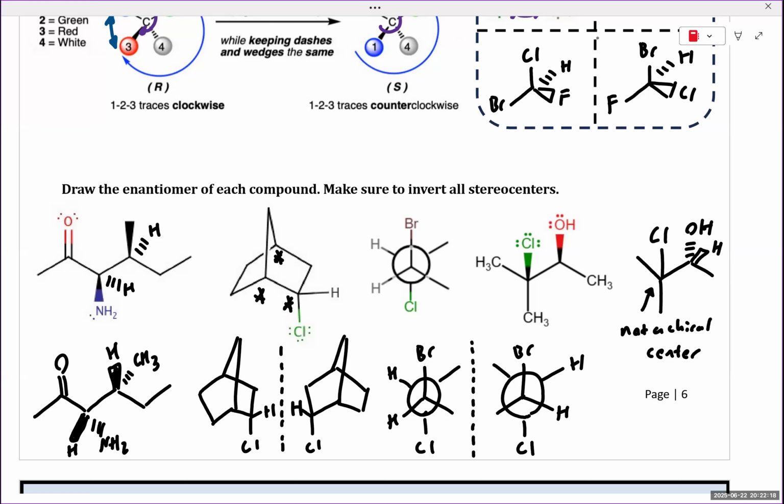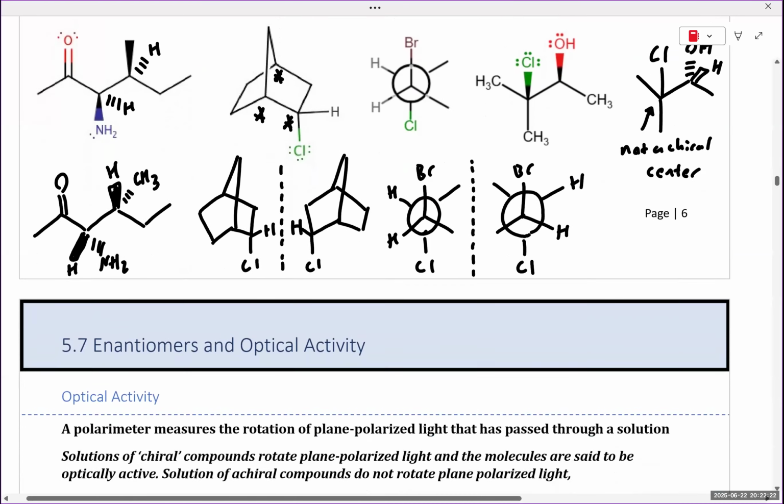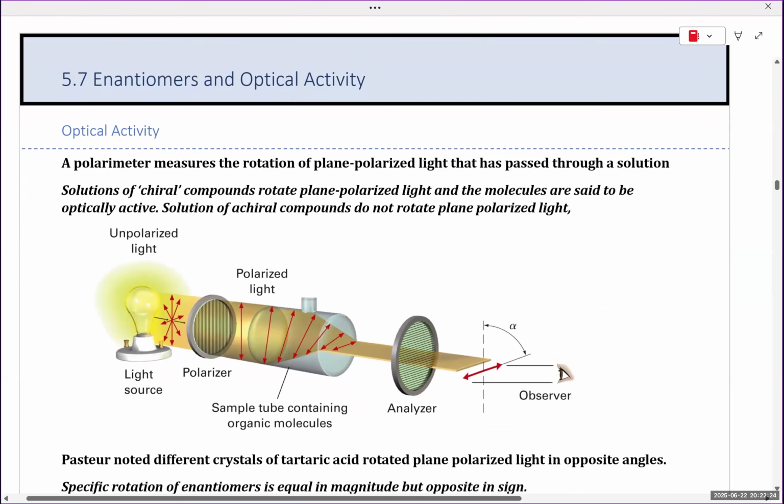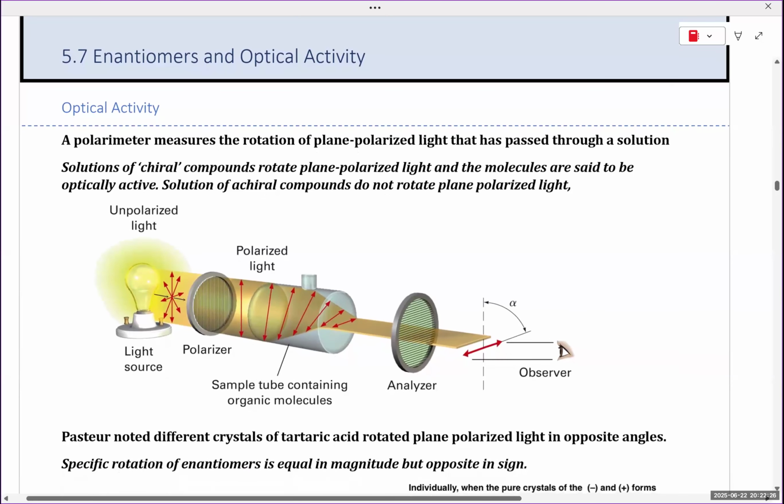Okay, so we practiced drawing enantiomers. Let's talk a little bit about enantiomers and optical activity. Optical activity is a way for us to measure a physical property unique to chiral compounds. A polarimeter measures the rotation of plane polarized light that has passed through a solution. We can take a light source, pass it through a polarizer, and we get plane polarized light.